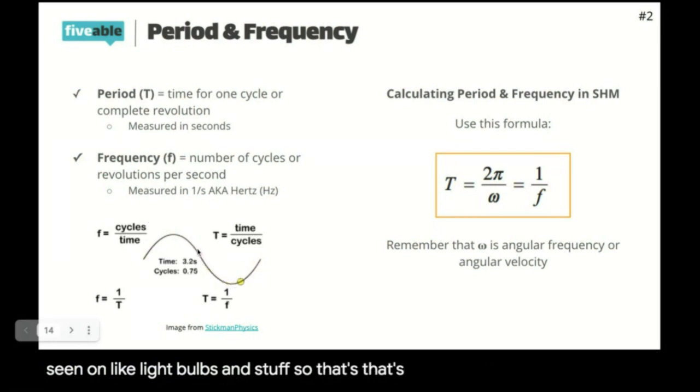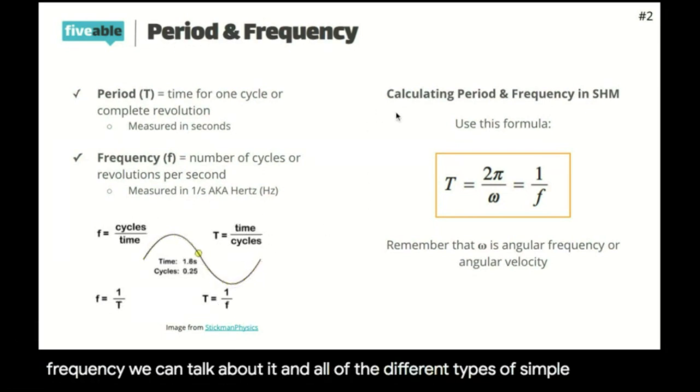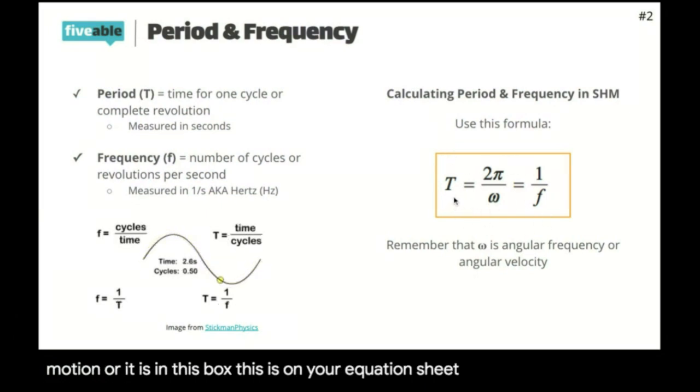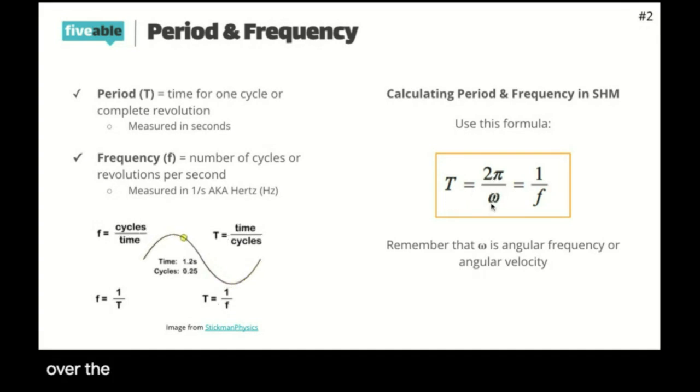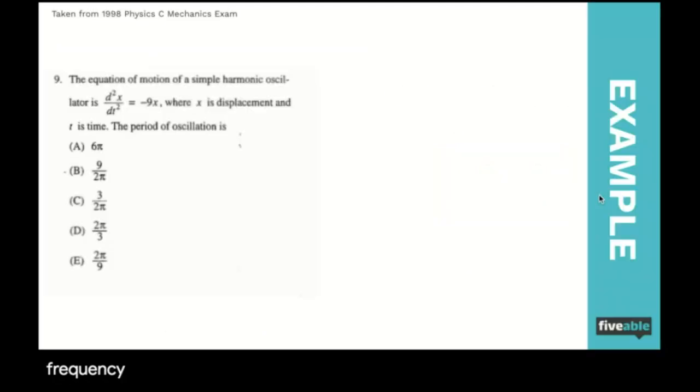So that's the deal with period and frequency. We can talk about it in all of the different types of simple harmonic motion. And the general formula for it is in this box. This is on your equation sheet. The period is equal to 2 pi over the angular frequency, which is equal to 1 over the regular frequency.